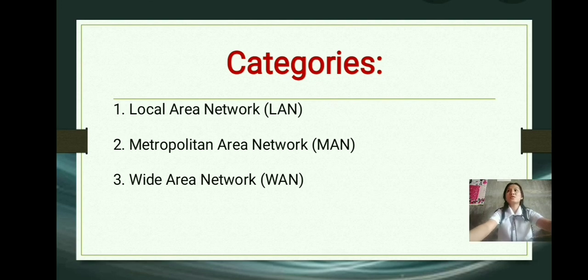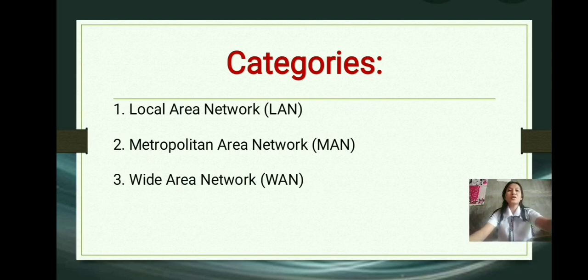Due to their small size they are considerably faster, with speeds ranging from 100 to 1000 Mbps. It is also not limited to wired connection. There is a new evolution of LANs that allows them to work on a wireless connection. So that is LAN, or the local area network.